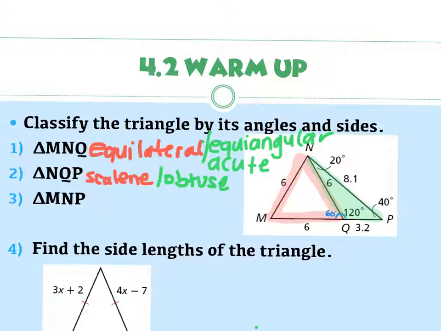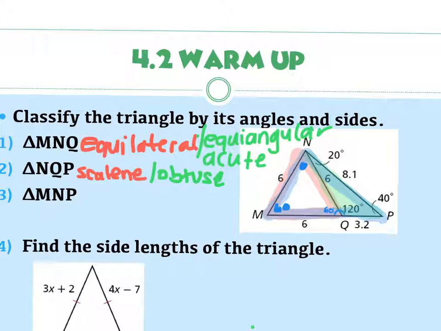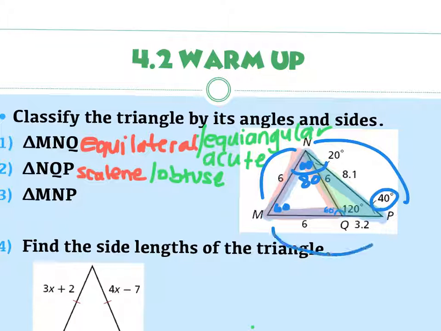And then the last triangle, MNP, is my big triangle. So we said that this was 60 in here, so now I know this top angle would be 80. And then this right one is 40. So let's start with the sides. One side is 8.1, one side is 6, and one side is 9.2.